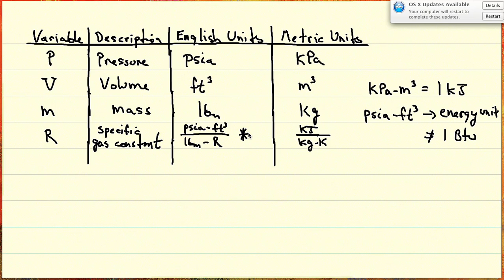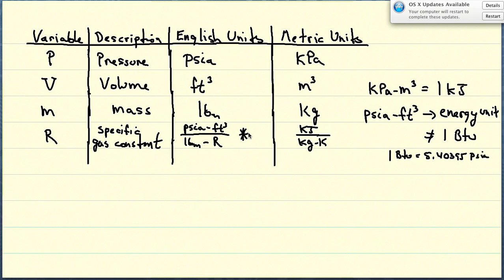In fact, you can look in your conversion factors in the back of your book, and if you look under energy, to be completely rigorous, the conversion is the following: 1 BTU is equal to 5.40395 PSIA cubic feet.